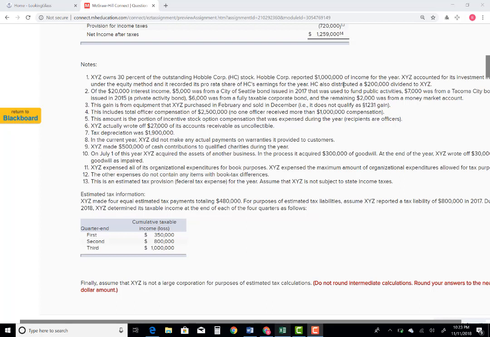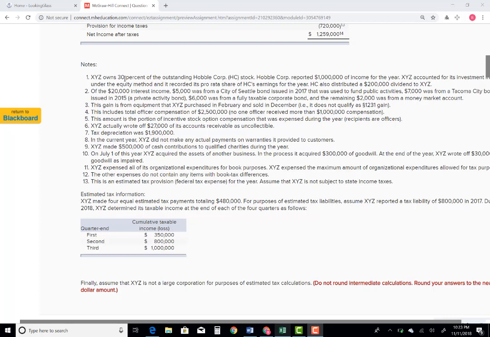Being that we own between 20 and 80%, we own 30%, we use the equity rule of calculating this. There are different rules you'd use to calculate taxable income received from investments in another company based on how much you owned of that company. We're in the middle tier.